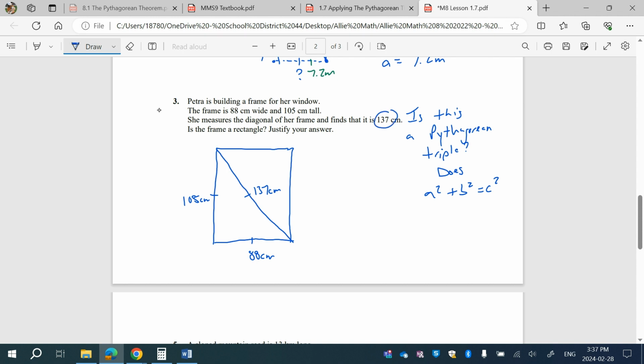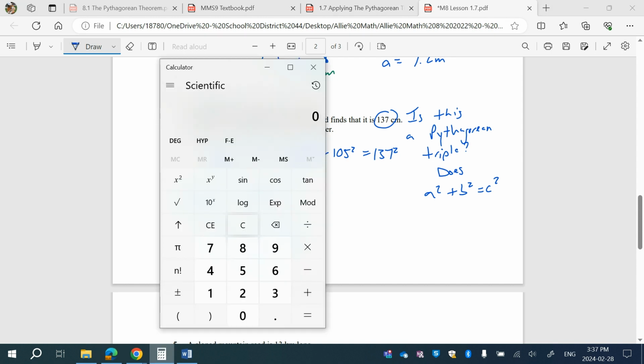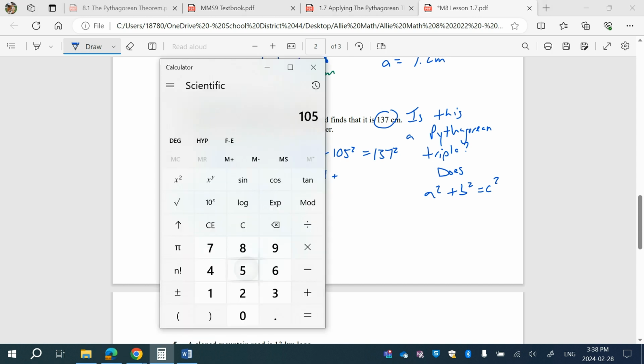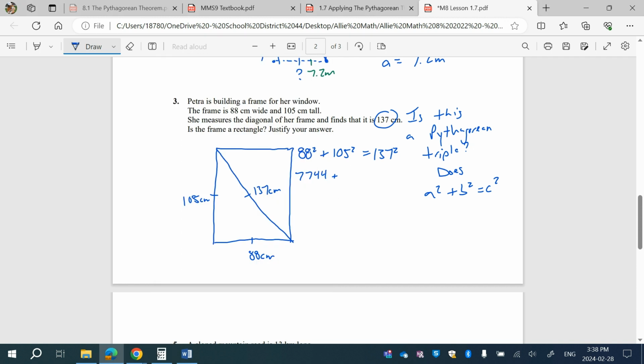So now let's see. Does 88 squared plus 105 squared equal 137 squared? So let's see. 88 squared, we're going to have a bunch of big numbers here. 7744 plus 105 squared, 11,025.